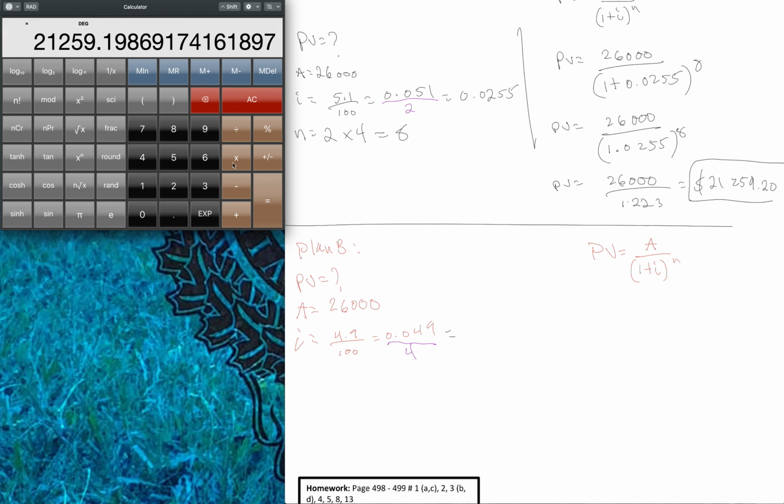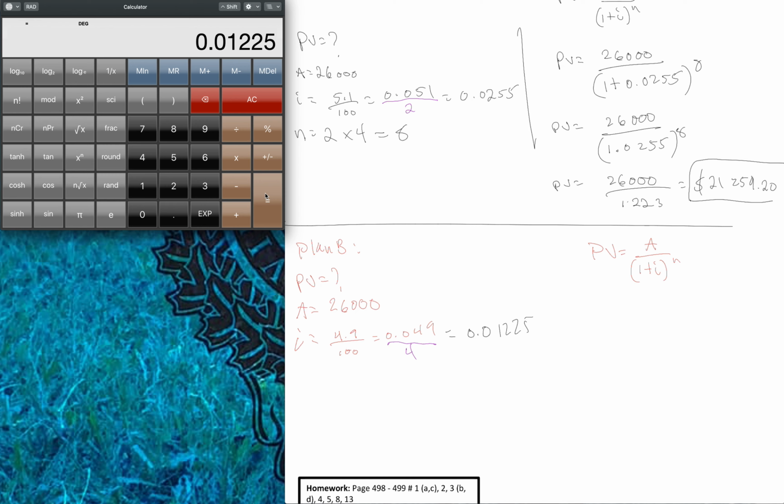Okay, so we can go over here now. It's 0.049 divided by 4. Let's carry all of them.